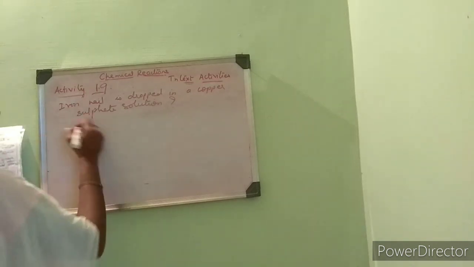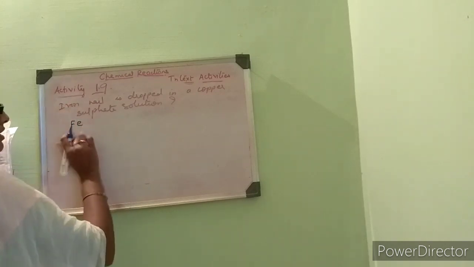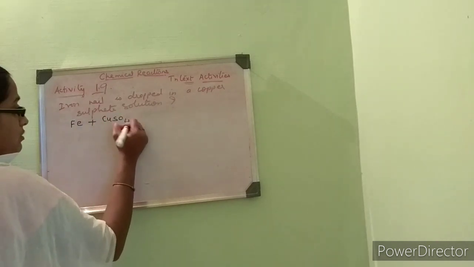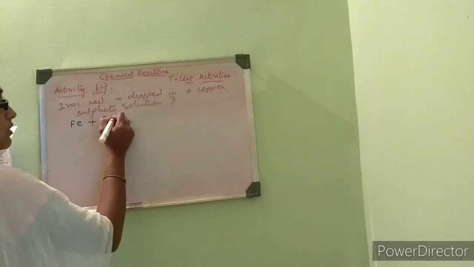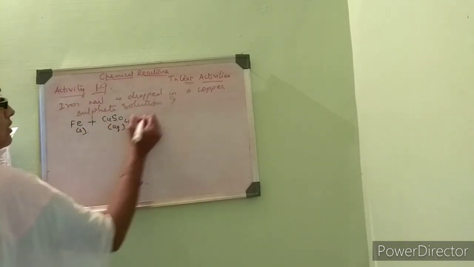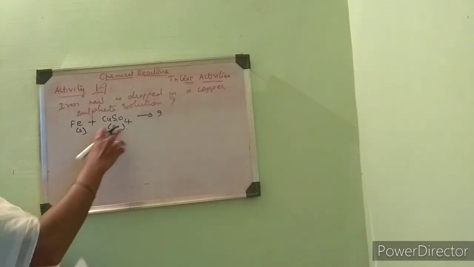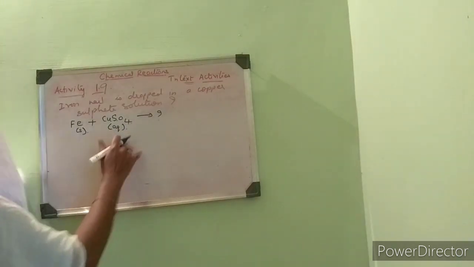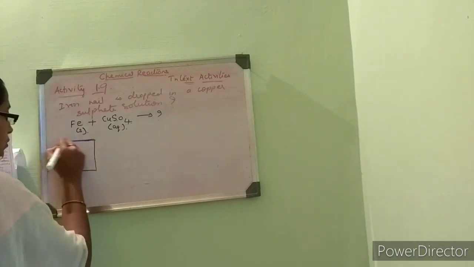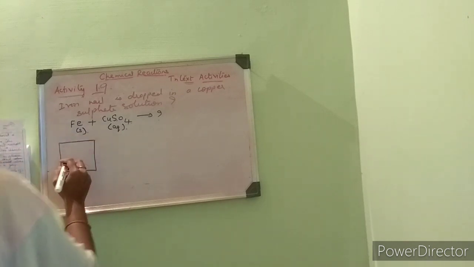The symbol of iron is Fe. It is dropped in copper sulfate solution, CuSO4. This is aqueous, this is solid. What happens when iron is dropped in copper sulfate solution? Let us see. All of you might have seen a new iron nail without rusting.